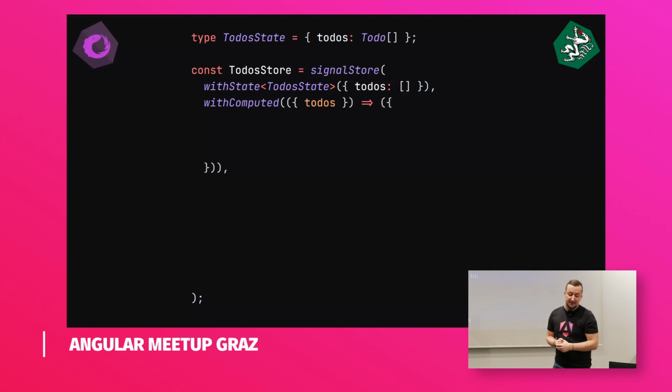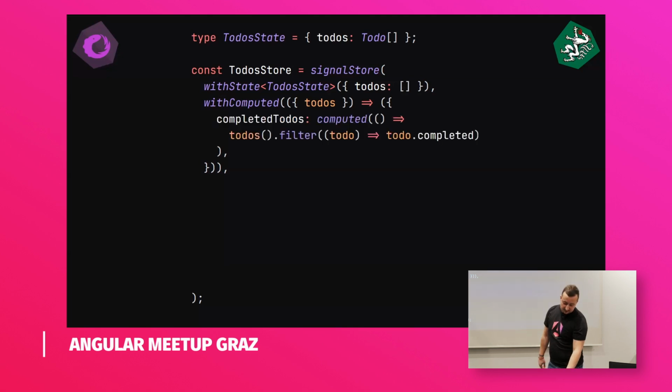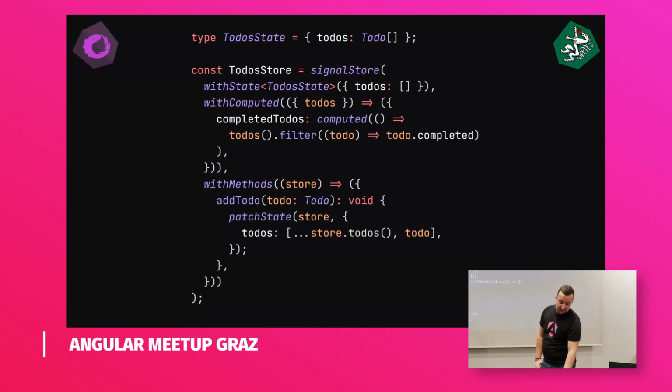In this case, we define the todos array. So under the hood, SignalStore will generate a todos signal that can be used here, for example, to create a computed completed todos signal. And the last base feature is withMethods, and it has a very similar signature to withComputed, but instead of computed signals, here we define and return methods as a result.